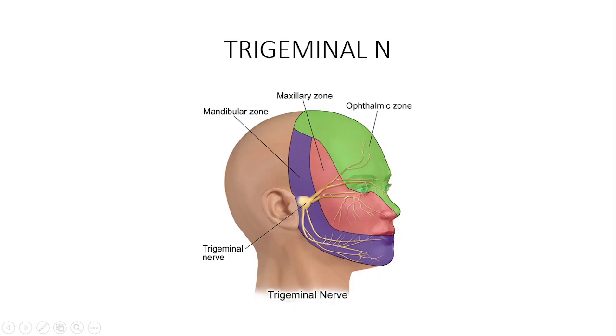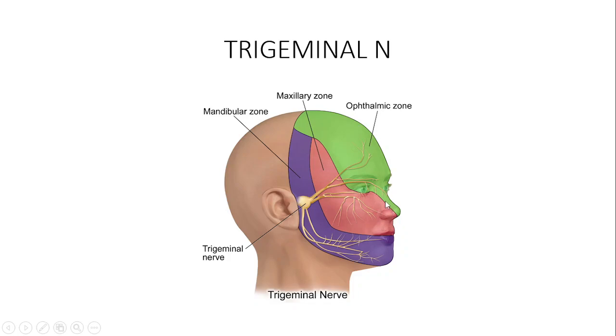Okay, now let's talk about the nasociliary nerve. Which area does it supply? It supplies the cornea. It supplies the side of the nose up to the tip of the nose. It also supplies the upper portion of the nasal cavity, as you can see here.